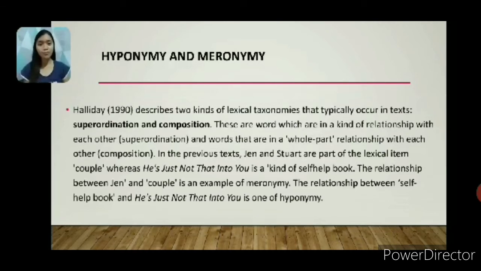In the previous text, Jen and Stuart are part of the lexical item couple, whereas He's Just Not That Into You is a kind of self-help book. The relationship between Jen and a couple is an example of meronymy. The relationship between self-help book and He's Just Not That Into You is one of hyponymy.